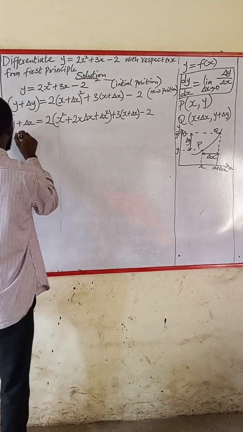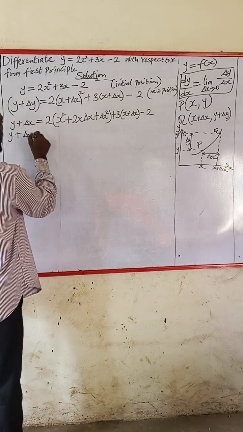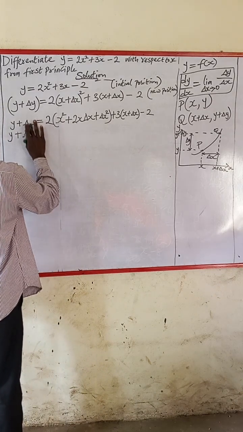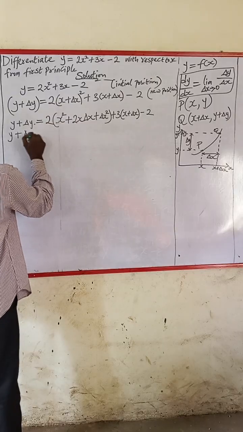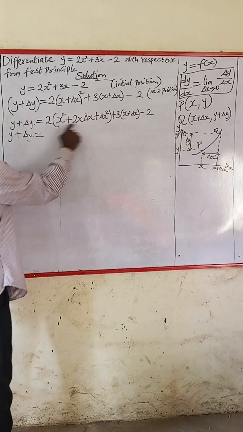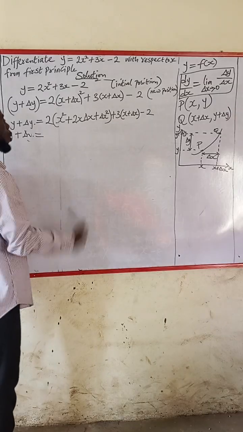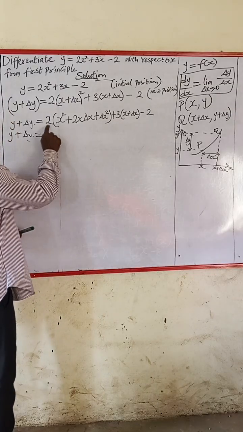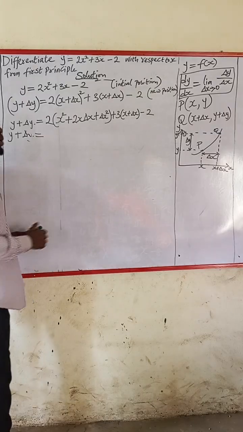We'll now be having that y plus change in y is equals to, we remove the brackets. For us to remove the bracket, we are going to multiply everything inside the brackets.